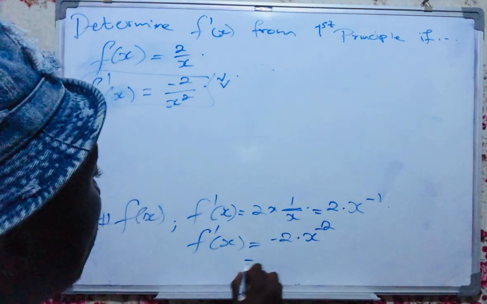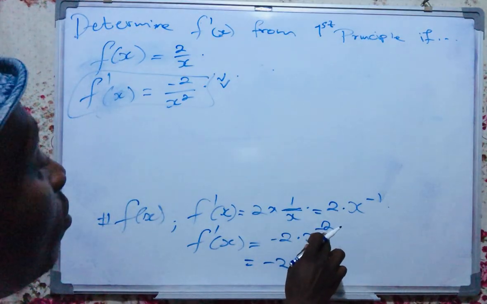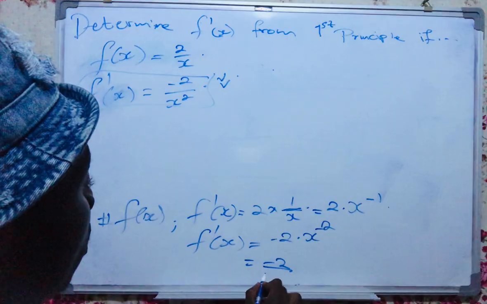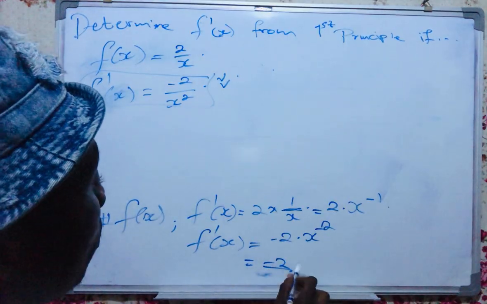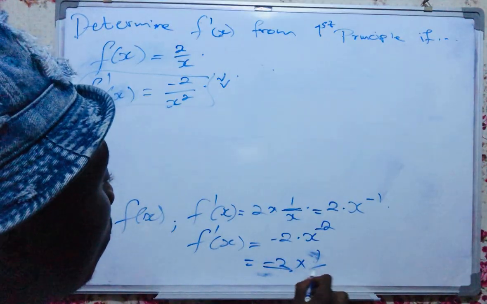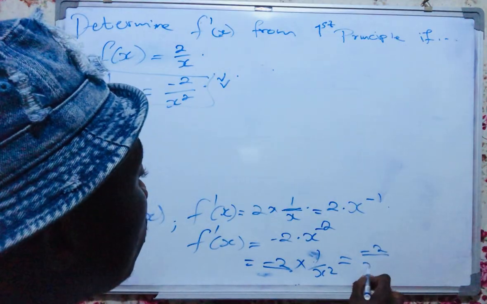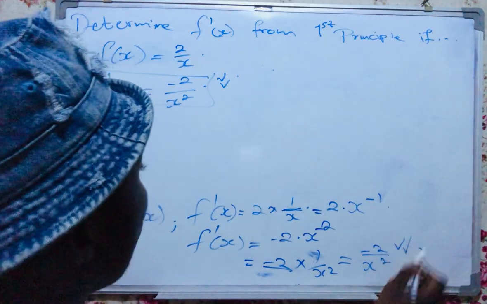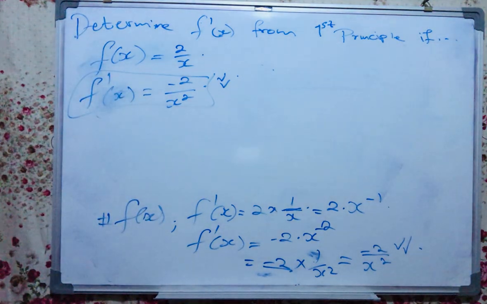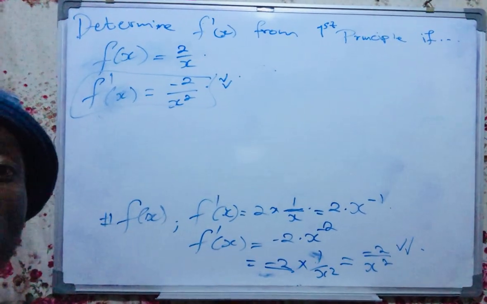But x to the exponent of minus 2 is nothing but 1 over x squared. So the final answer is minus 2 over x squared. So you see, this method is way easier and simpler than that one, which gets us to break a sweat a lot. Thank you very much for your time.